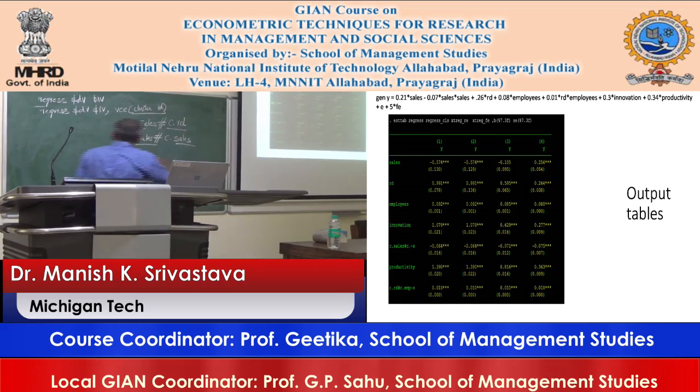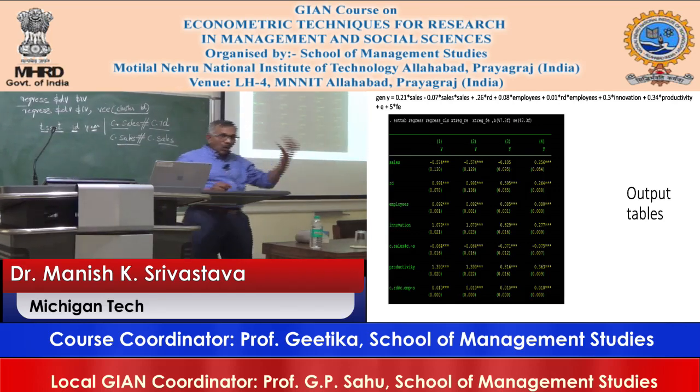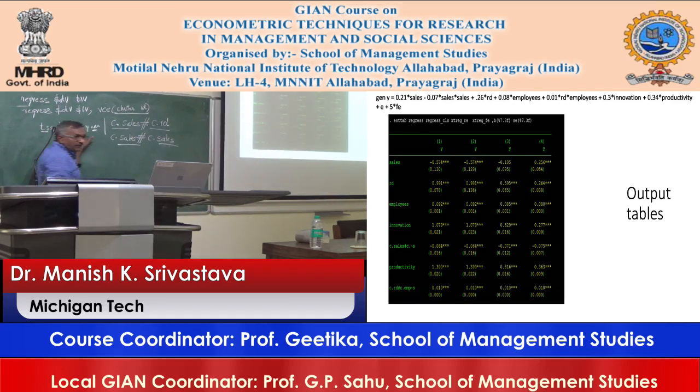In the next two, I am actually setting it as a panel data set, ID year. Now I am declaring to Stata that this is a panel data set. It is organized by one identifier, the ID, and the other is year. This is how it is organized. Now Stata knows that it is a panel data set.